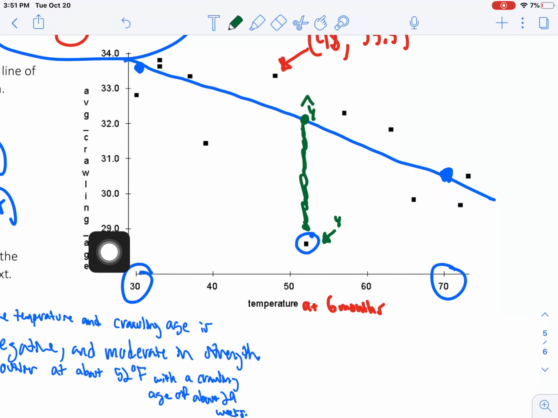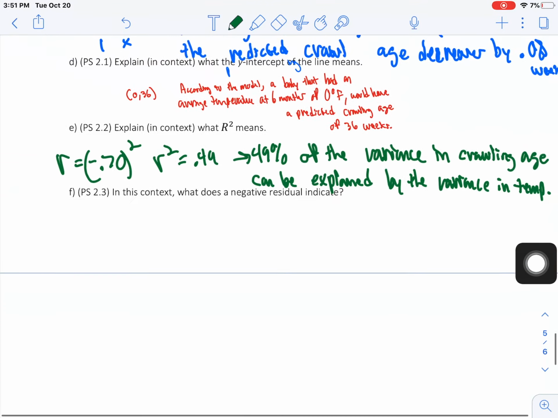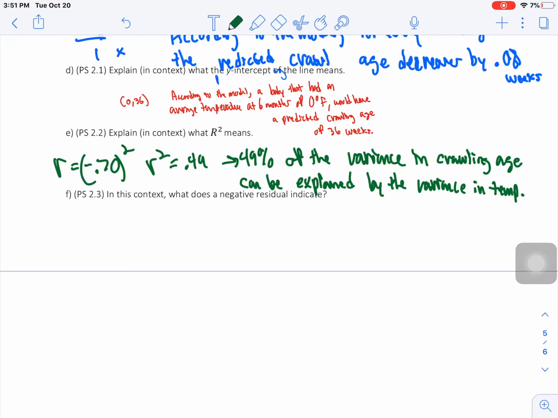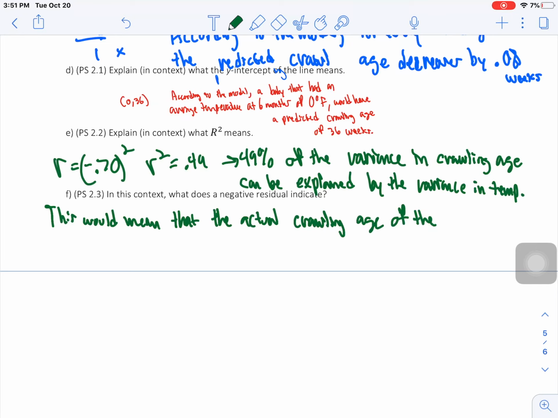And the y value is crawling age. So a negative residual would mean that the actual crawling age of a baby is lower than what was expected.